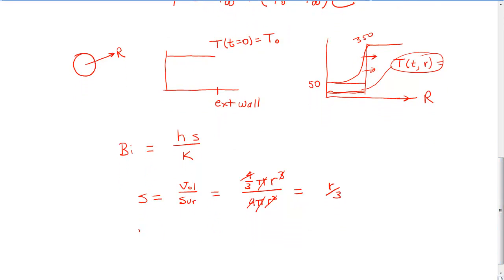Now the k, let's look at our k. What I'll do is make a rough estimate of the conductivity of oil and the conductivity of air.